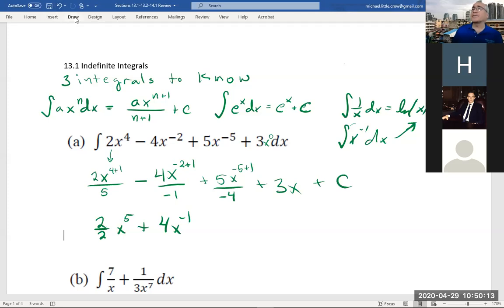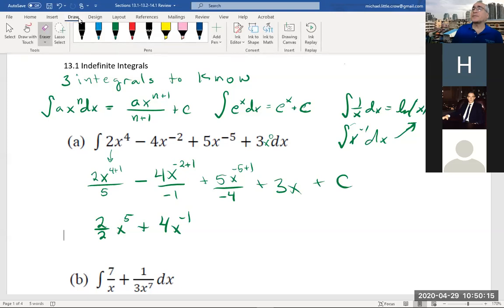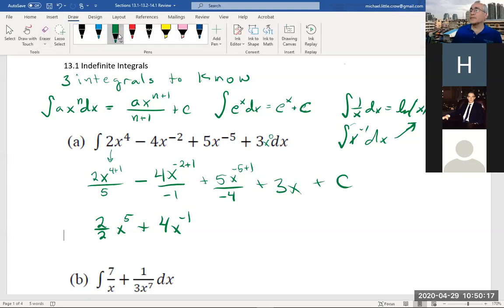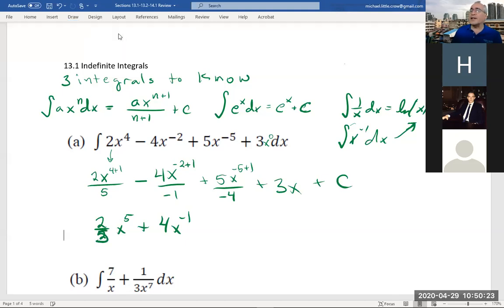Obviously, if we had 2x to the 5 over 5, would that be okay? Oops, this should be 2 over 5. Okay. Yeah, it can be written multiple ways. On the multiple choice part, that should be pretty straightforward because you just have to choose the right answer. But on the essay part, they can be written in different forms, yes.